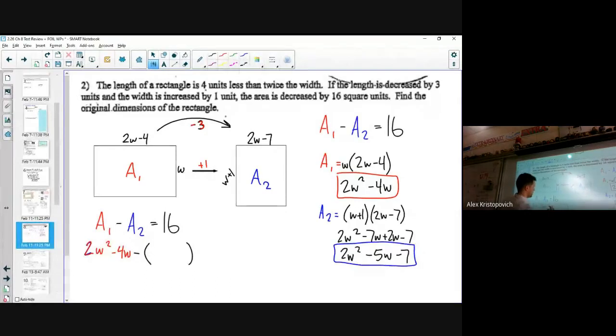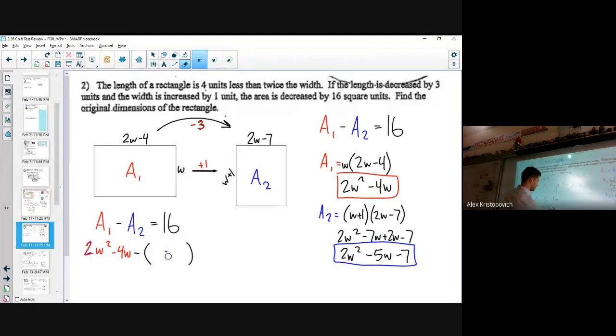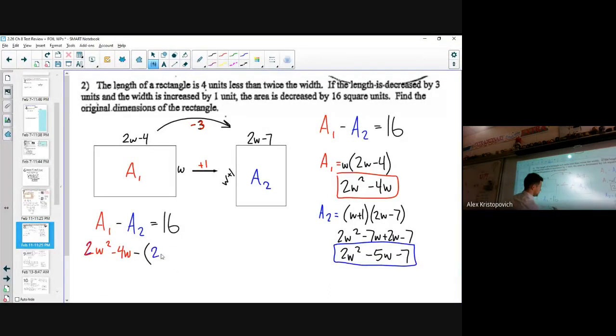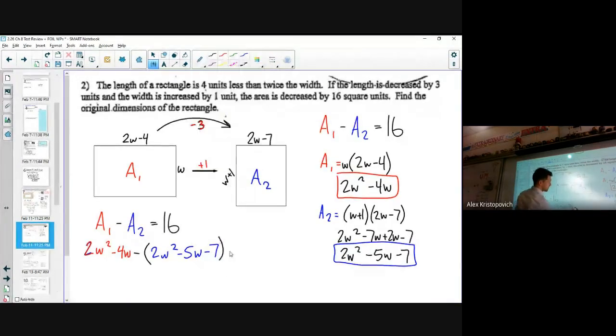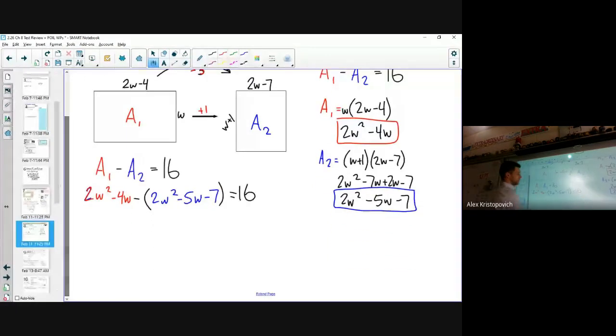A2 was 2W squared minus, let's just rewrite this, W squared minus 5W minus 7 equals 16. All right, let's go ahead and solve this, and we'll be good to go.